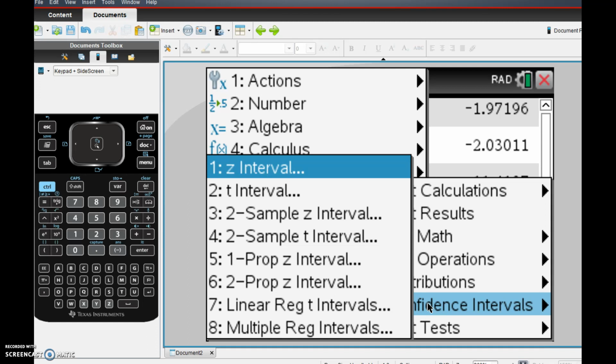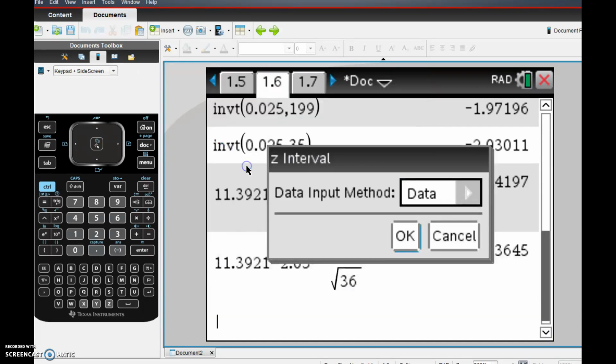I don't have 2 sample, I have 1 sample, so we're at 1 and 2. There's our Z interval, there's our 1 sample T interval. Let's say you did the Z interval. By the way, this is not the right one. Do we have the raw data or do we have the statistics? Raw data would be the weight of all 36 cookies. Nope, we have the statistics.